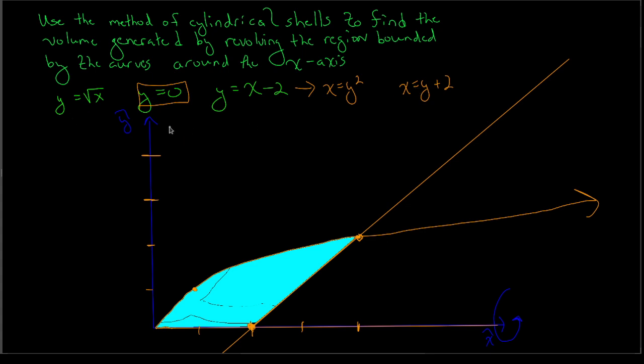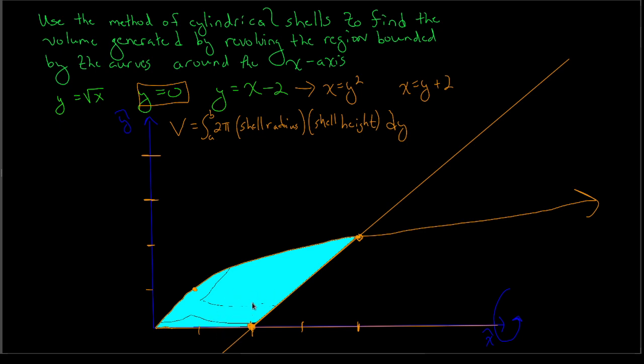Now my volume from the cylindrical shell method says that I'm going to have the integral from a to b of 2 pi, the shell radius, times the shell height dy in this case. And so the shell radius, each shell is going to be an element rotated across here.